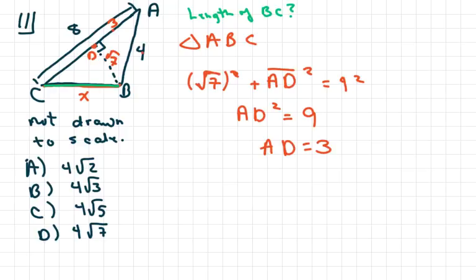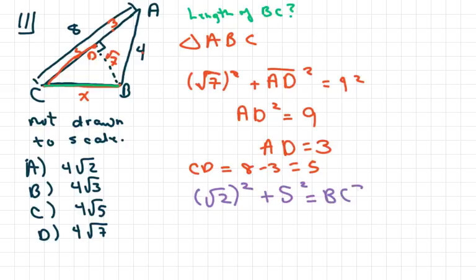Right? And then all you have to do is notice that CD is 8 minus 3, which equals 5. And then we're going to do that again. Use the Pythagorean theorem, you get square root of 7 squared plus 5 squared equals BC squared.